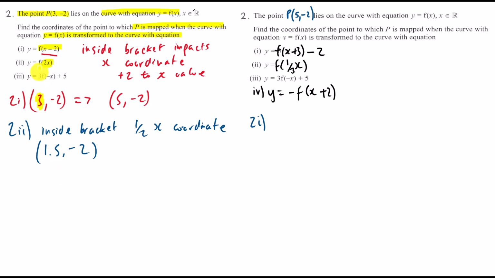Now the very last one, if it's outside, that means we're plusing 5 to the y coordinate. This is outside the bracket and this is affecting the function, so we're multiplying the y coordinate by 3. So we're multiplying the y coordinate by 3 first, then adding 5, like laws of BIDMAS.